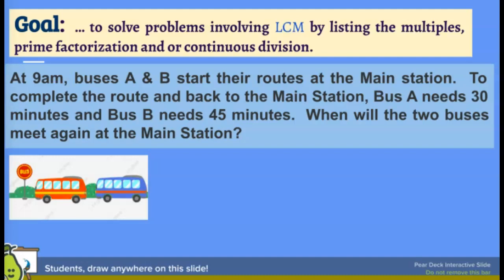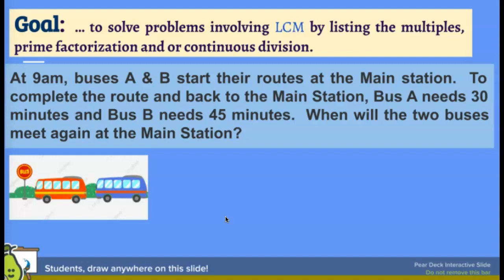So since 90 minutes is the least common multiple, I'd subtract 60 from 90, and so I know that's 1 hour, and then I'm left with 30 minutes, and 30 minutes is a half hour. So an hour and a half, if you add an hour and a half to 9 a.m., the final time would be 10:30 a.m.